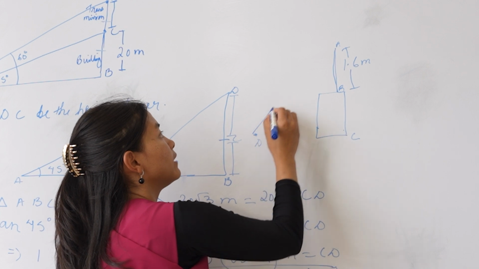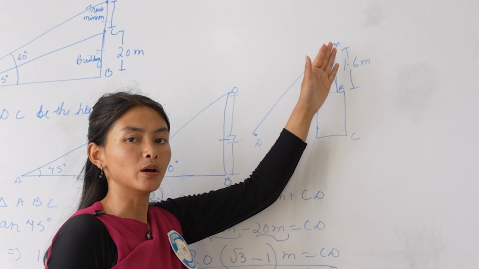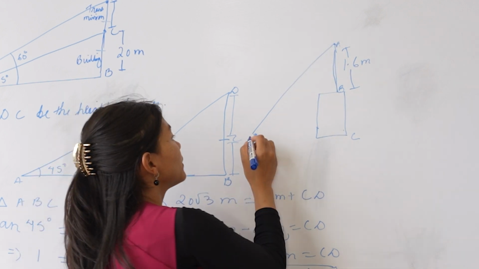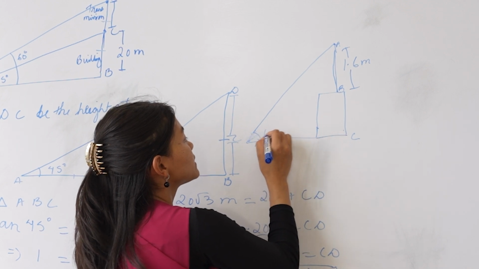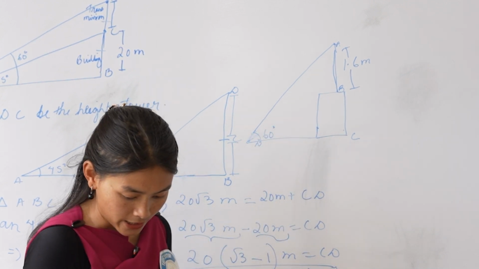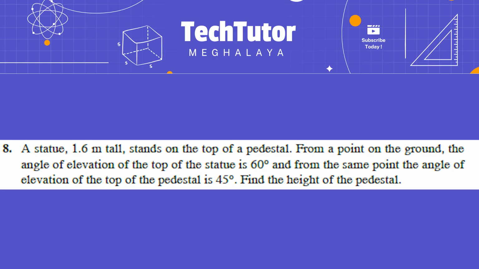We look at the top of the statue, and the angle is 60 degree. And from the same point, the angle of elevation of the top of the pedestal is 45.